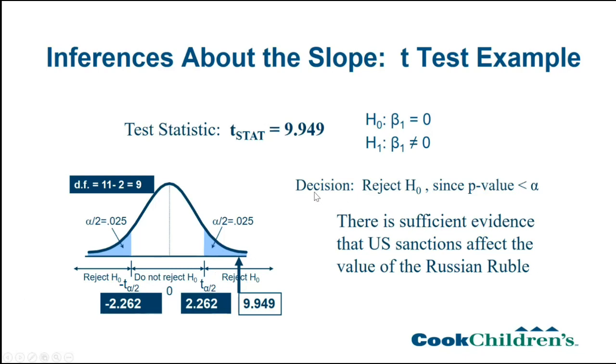So the decision here is to reject the null hypothesis, and the p-value is much less than the alpha value that was designated. So there's significant evidence that U.S. sanctions affect the value of the Russian ruble based on this t-test.